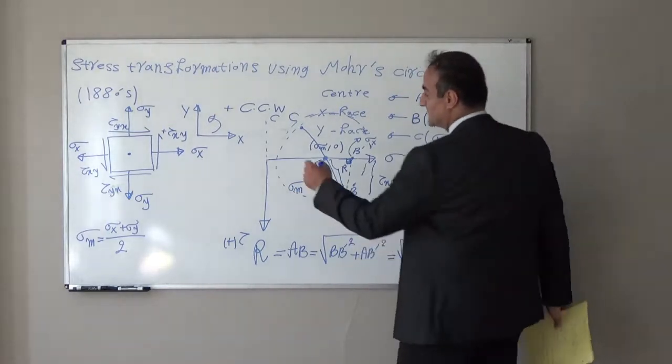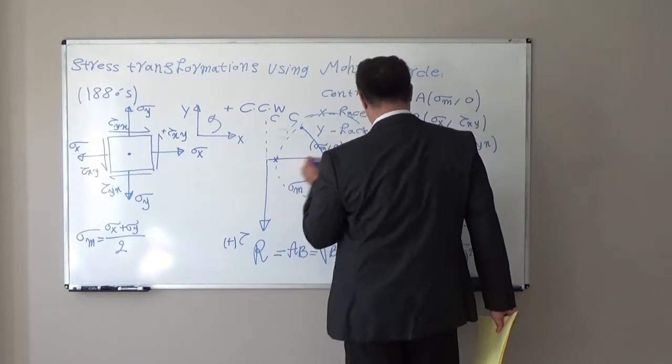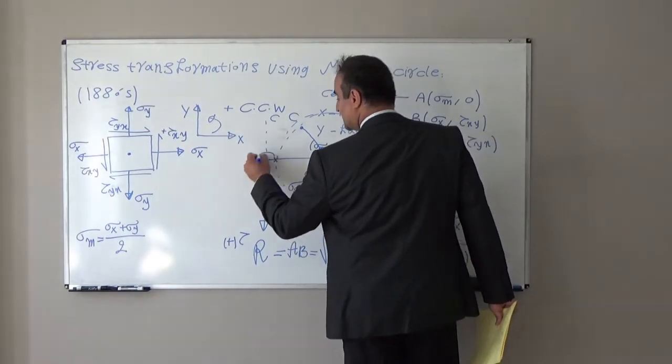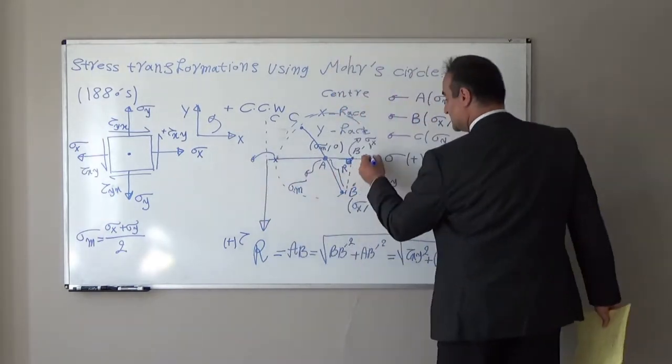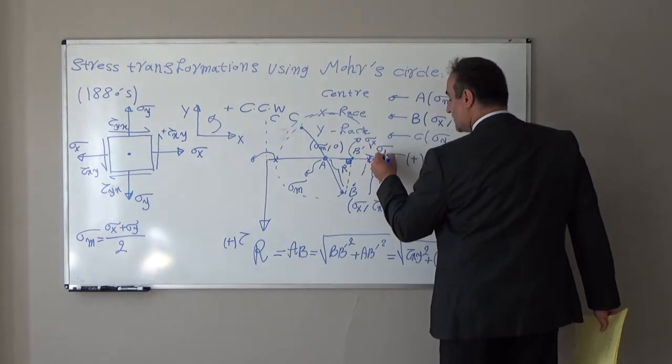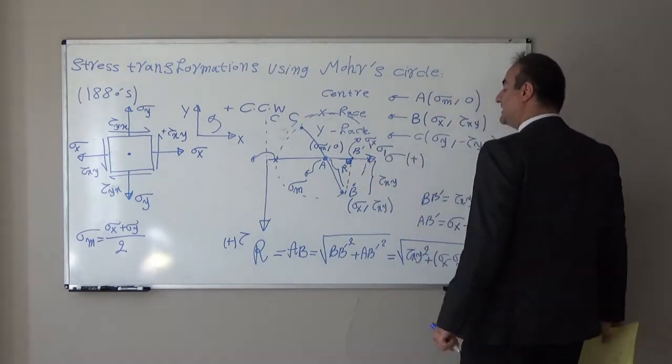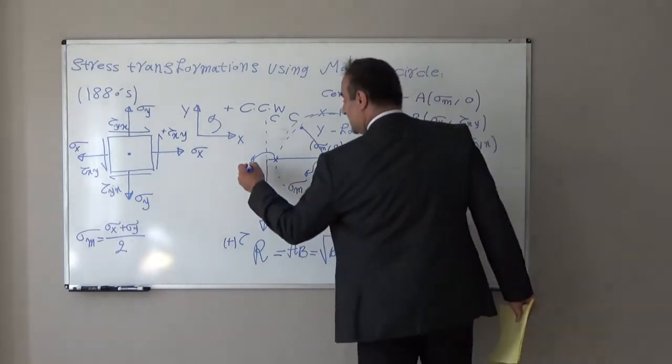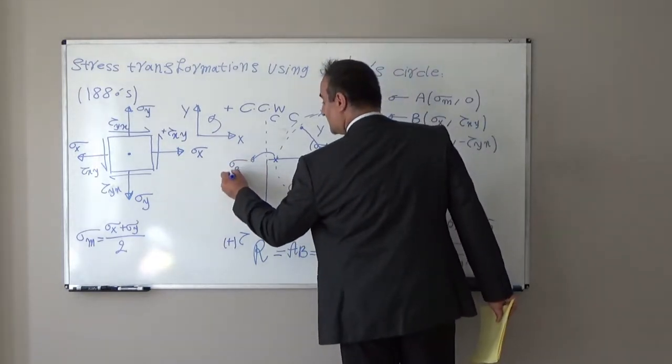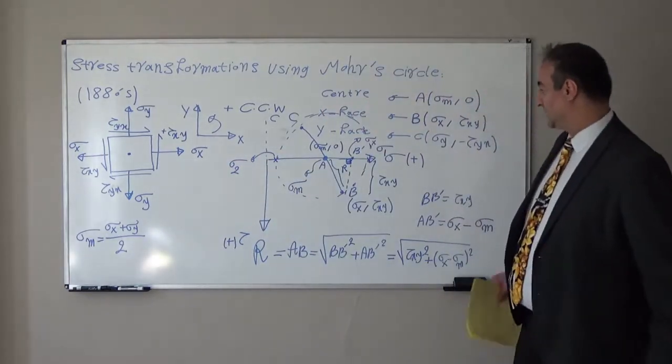Intersection of this circle with the sigma axis, this and this point, the maximum point we will show with sigma 1, the minimum point we will show with sigma 2.